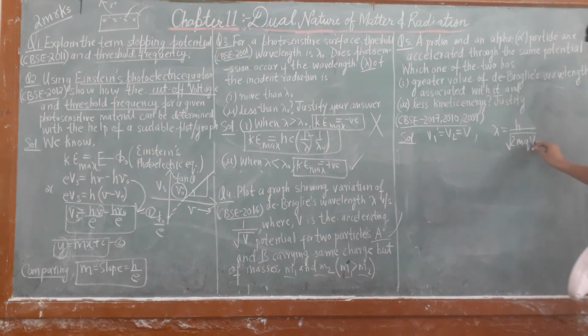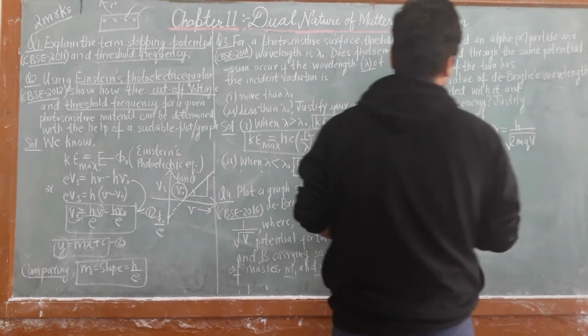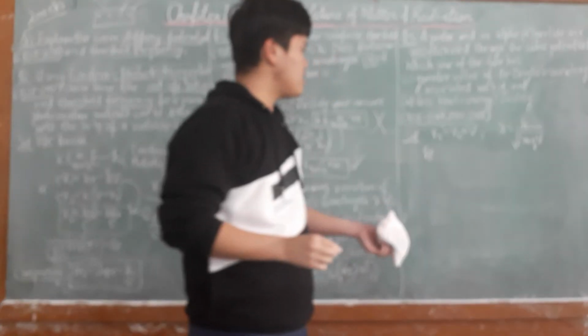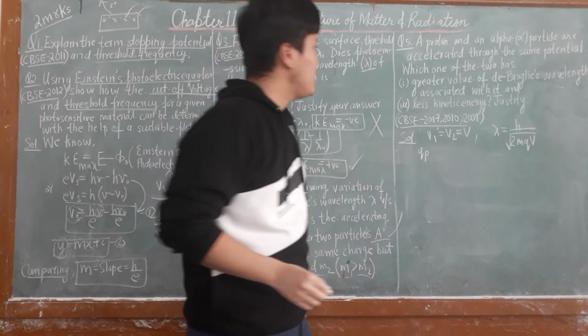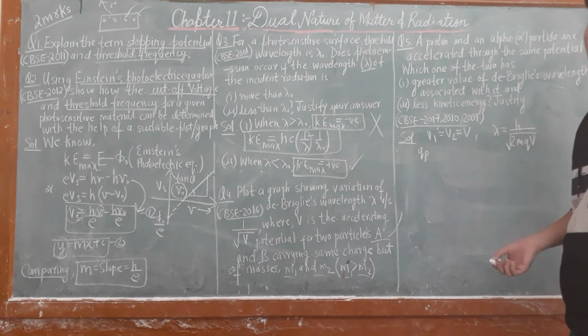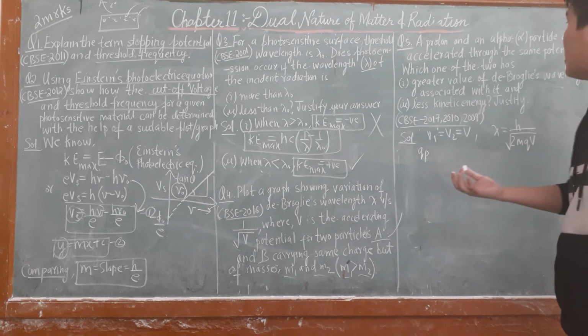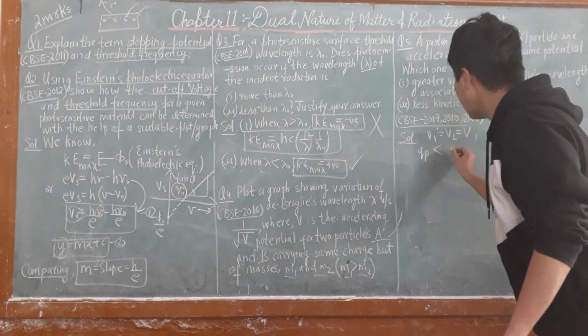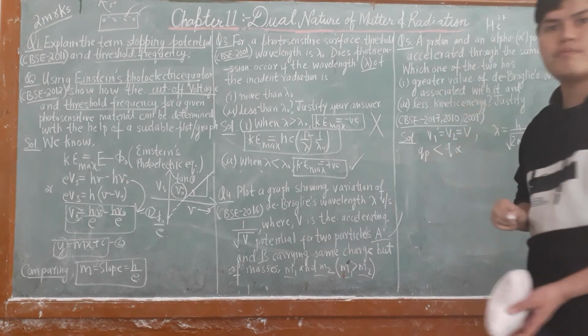V is constant, so charge and mass are what matter. Proton's charge is Qp, and alpha particle's charge is 2 times Qp, since it is a doubly charged helium particle.